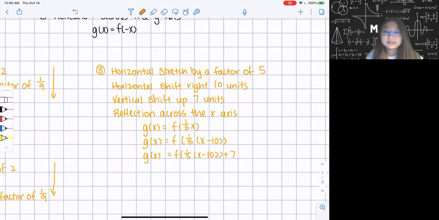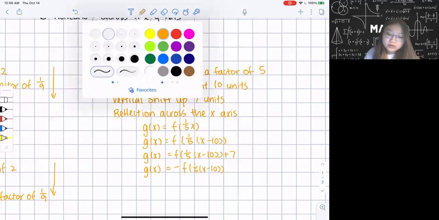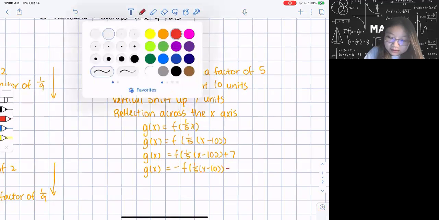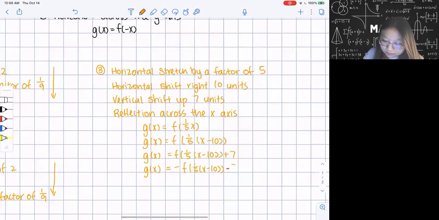Okay, that step's easy. And the last step, g of x is equal to negative f of 1/5 (x minus 10), and here you are also reflecting the sign of this plus 7, making it become negative 7. Why are you doing this?